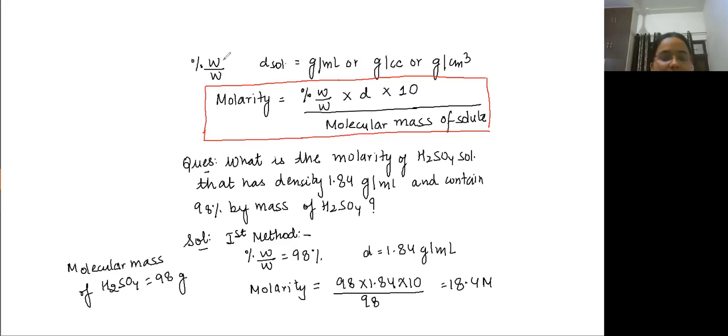Now what is the second method? The second method is, if you know the concentration terms, then you can do it without learning this formula. If this is done, please let me know.